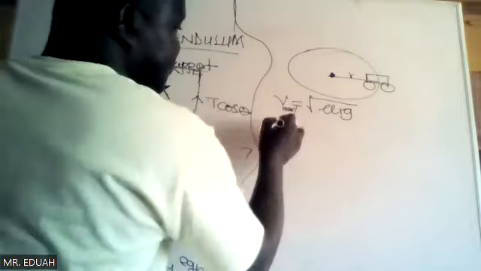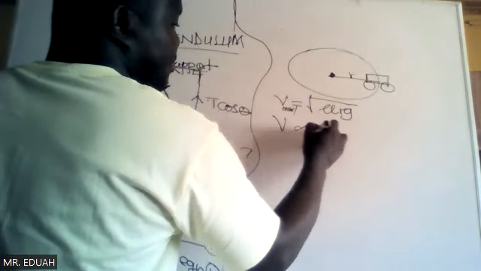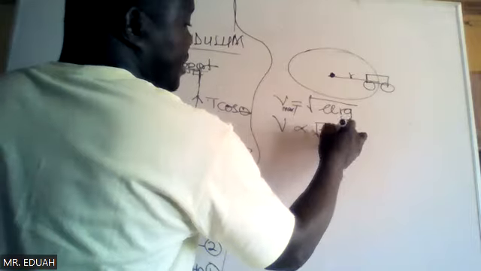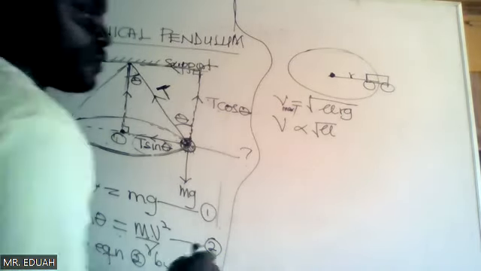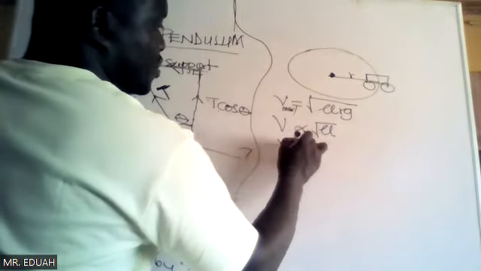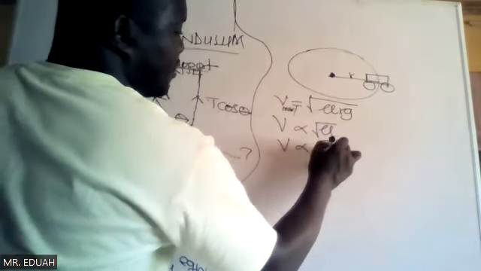And we realize that v is directly proportional to the square root of the coefficient of friction, and v is also directly proportional to the square root of the radius.